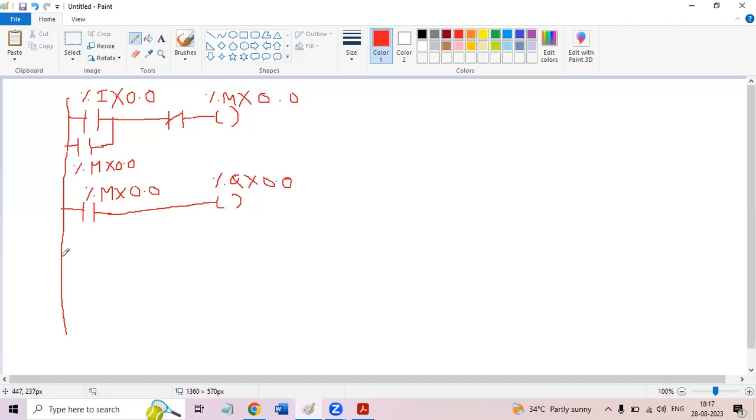And suppose we take one input I1, %IX0.1, and we run one counter, suppose for 4 counts. And after that, M1, we take %MX0.1.